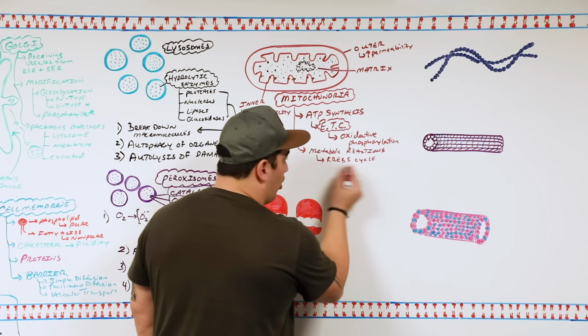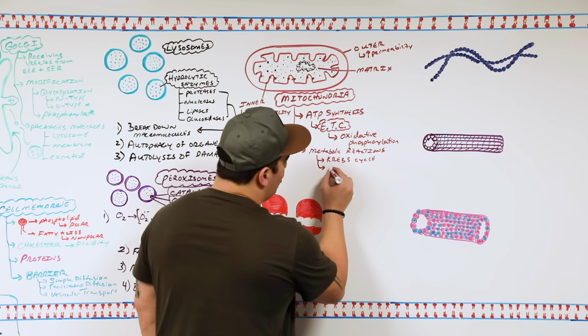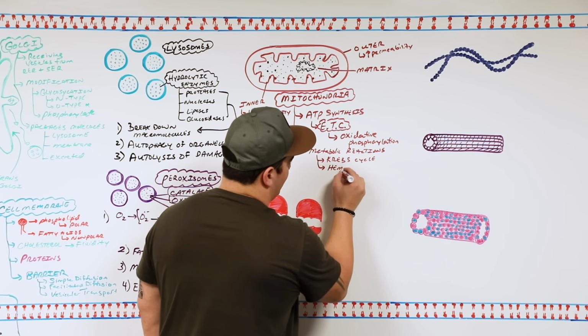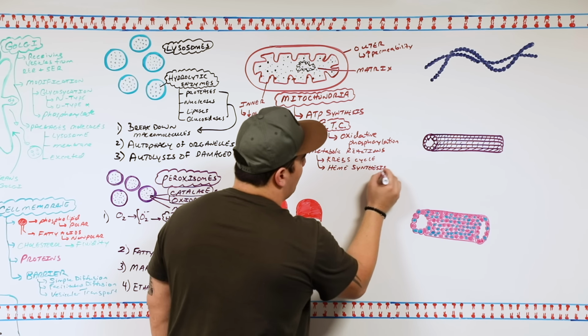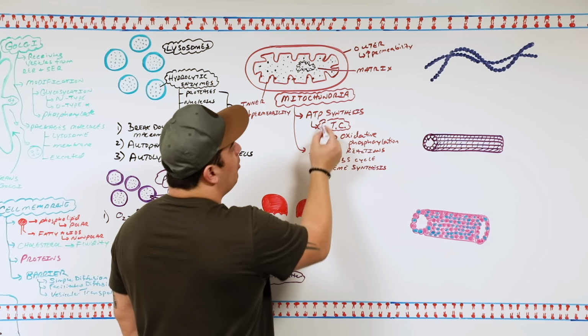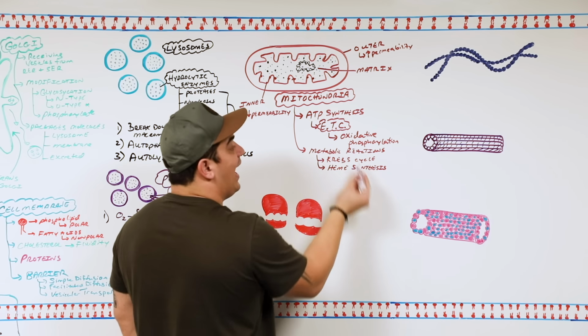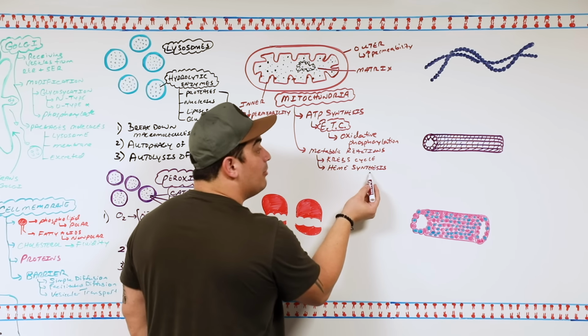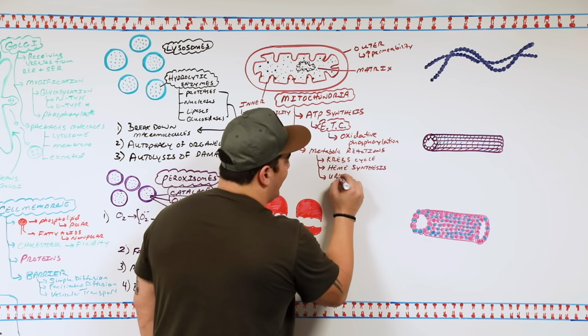That's a part of this metabolic reaction. The other one is heme synthesis. So you're making the heme component of different types of pigment molecules that are part of the electron transport chain, as well as synthesis of heme for hemoglobin or myoglobin.